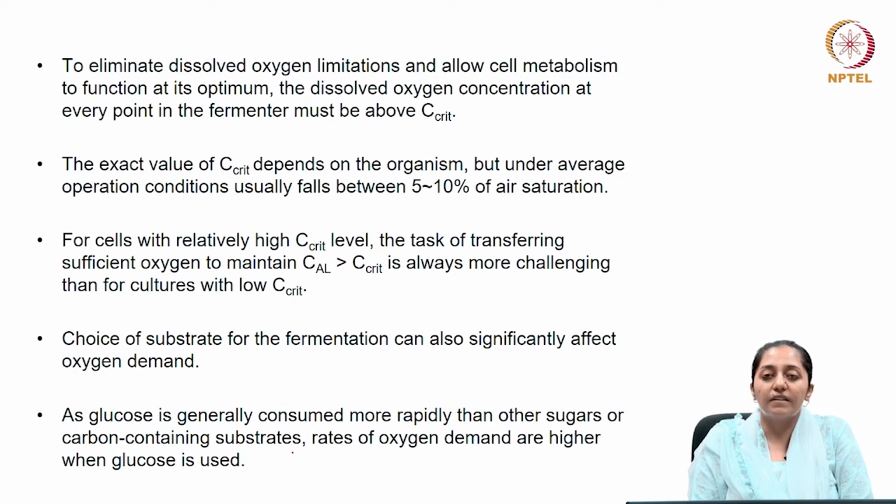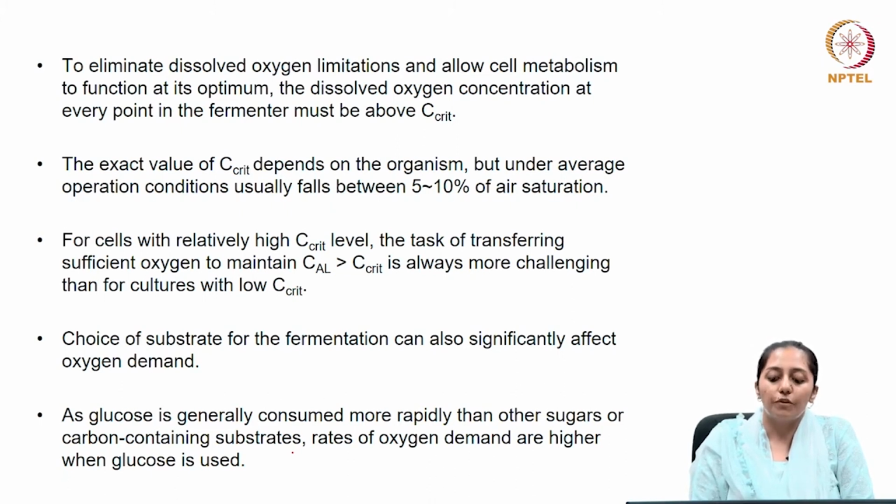Now, for cells with a relatively high C critical level, the task of transferring sufficient oxygen in order to maintain, at all times, a bulk oxygen concentration greater than the C critical is quite challenging in comparison to cultures which have low C critical values.